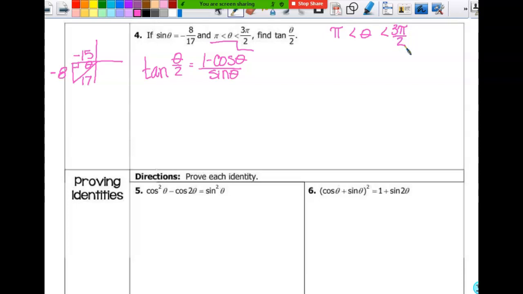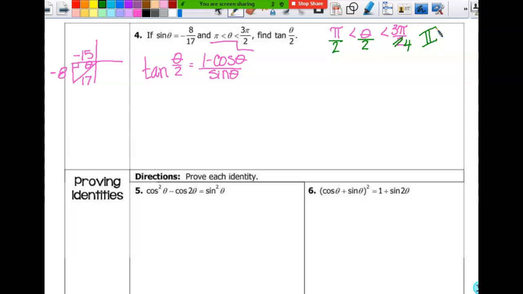But I need to know where theta over 2 is. So if I want theta over 2, I can't just divide this one in half. I would have to divide all of them in half, which means that the half angle, theta over 2, is somewhere between pi halves and 3 pi fourths, which puts it in the second quadrant.